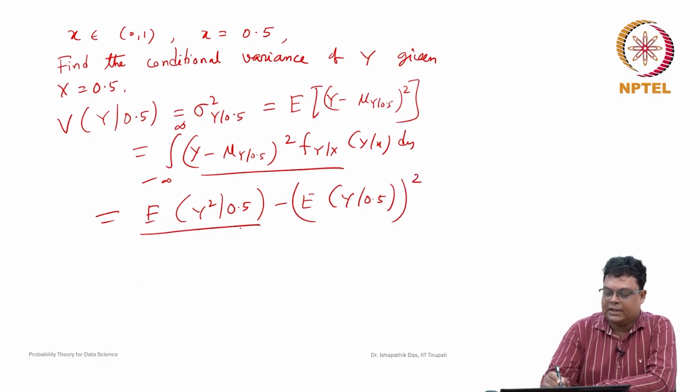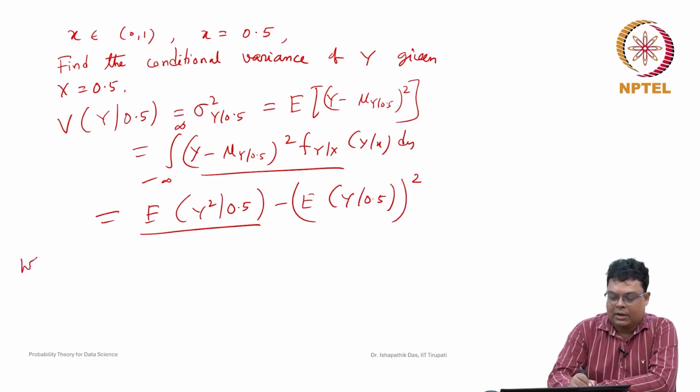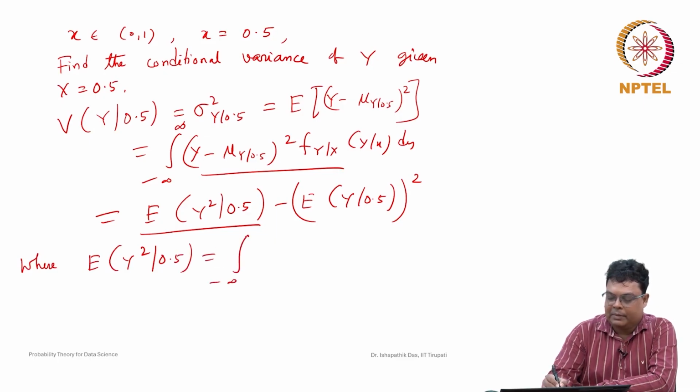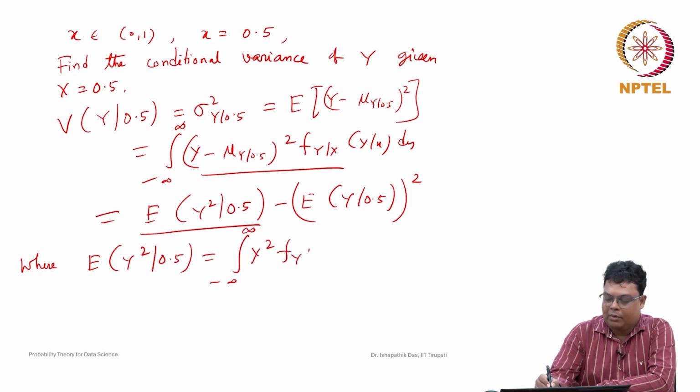Now we have to compute this value, where the expected value of y square given 0.5 is defined by the integral from minus infinity to plus infinity of y square f of y given x dy, with x replaced by 0.5.